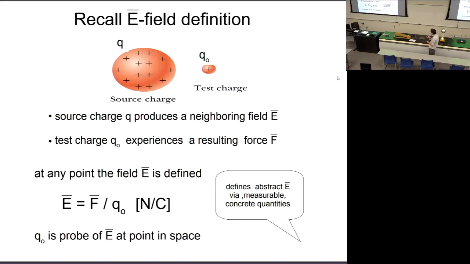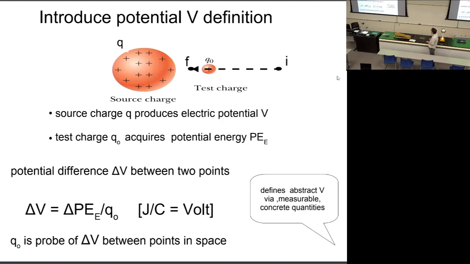We do the same thing for electrical potential. Again, we think about a source charge and a test charge. We think about the source charge now as the source of an electrical potential that's surrounding the source charge, that's due to the source charge. And we think about the test charge as the probe, the way we're going to explore, examine, measure, determine that electrical potential.